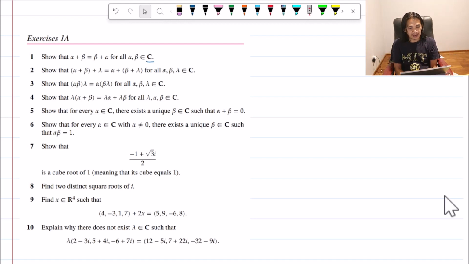So I think I don't need to do all these problems, but just as an example of how we can do this, let's do problem number 4.